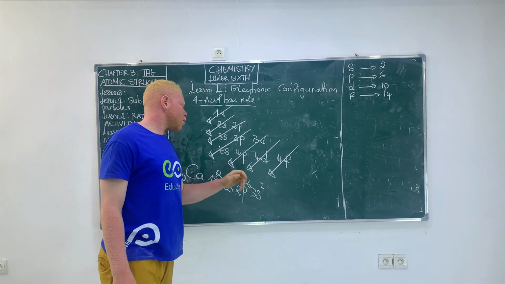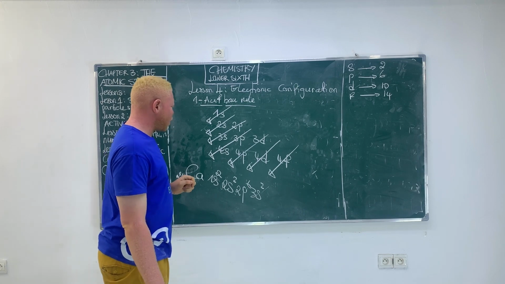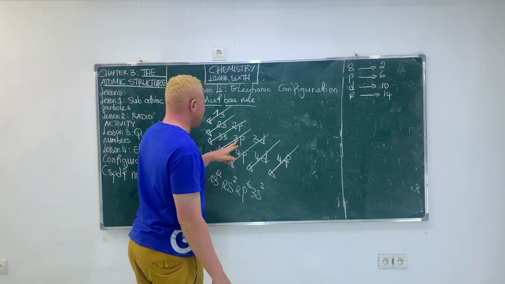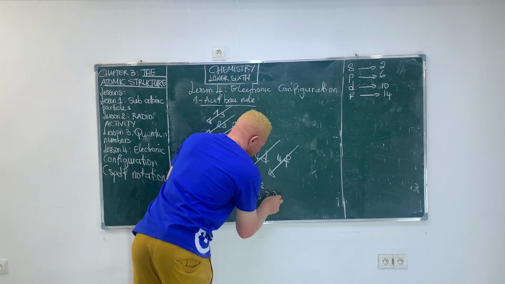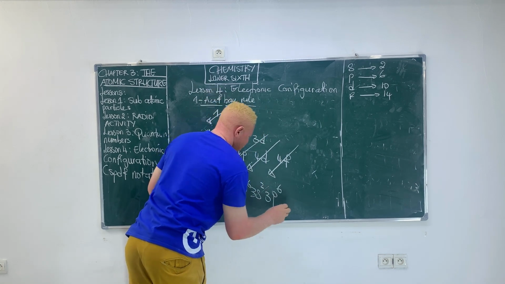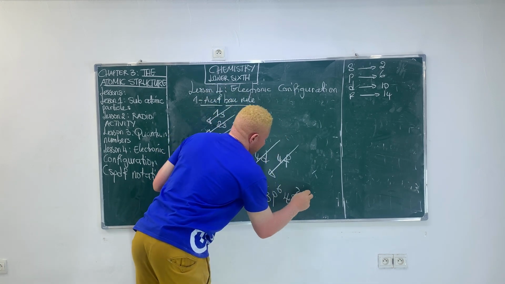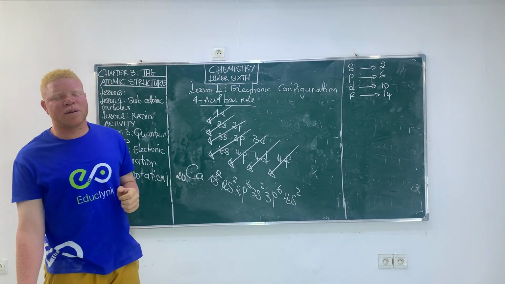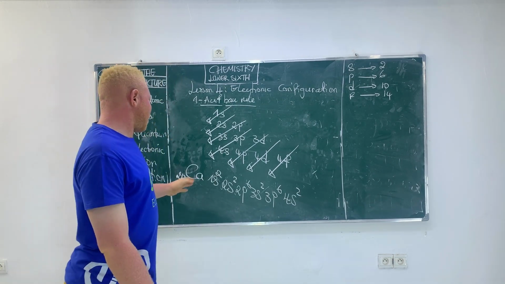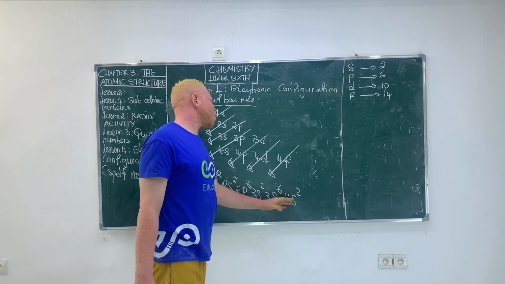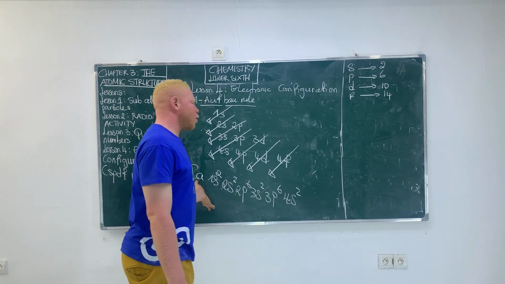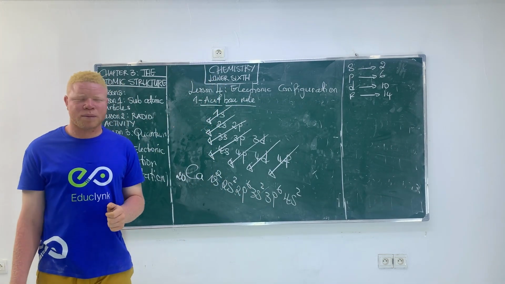Here's already 10, 12. So 8 electrons remain, so we're going to have 3p6. Then 4s2. Let's count the number of electrons and see: 18 plus 2 is 20. So that's the electronic configuration of calcium.